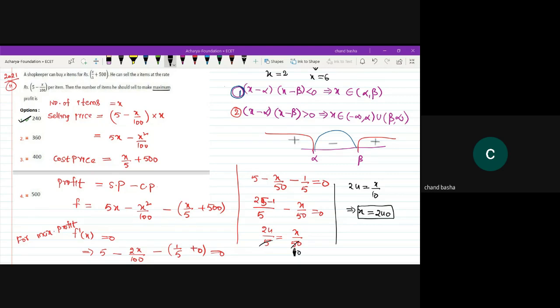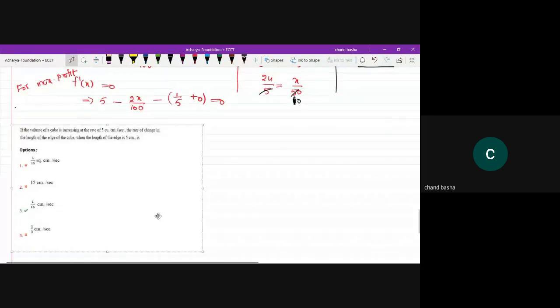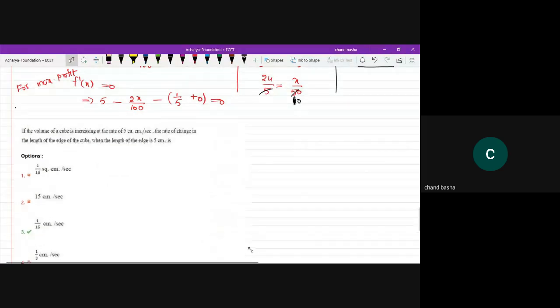Next one. And see the difference in how the question is asked. This is the next problem.